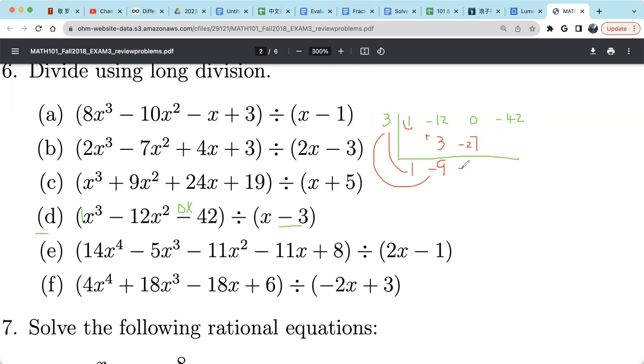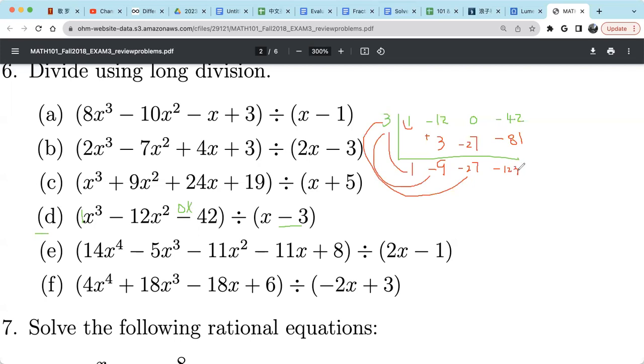Add to 0, still -27. Then use -27 to multiply by 3. That's a big number, 81, right? -81. Add those two, we get -123.